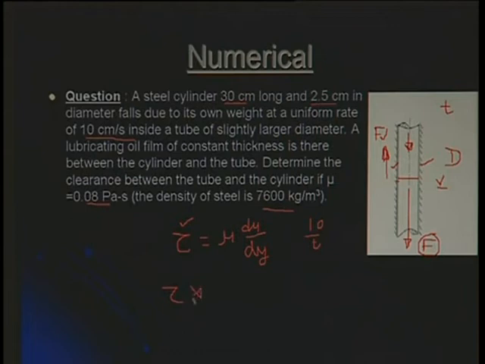So, shear stress multiplied by pi dl will give us shear force. This shear force will be equal to this force F. Now we will have one equation, solve that equation for the unknown, and we will get the answer of this question.